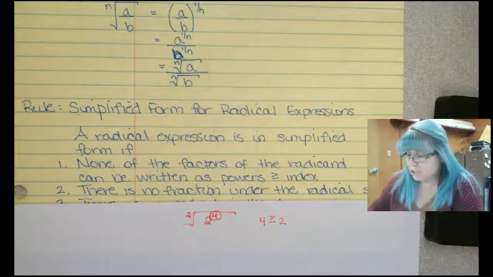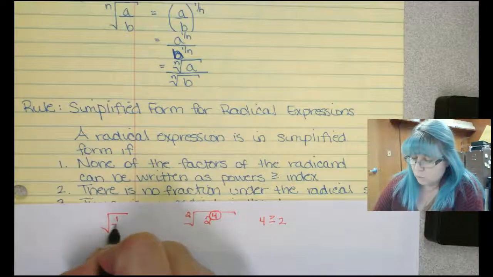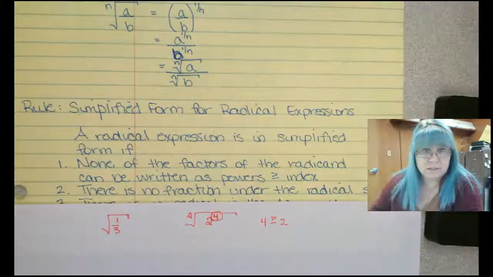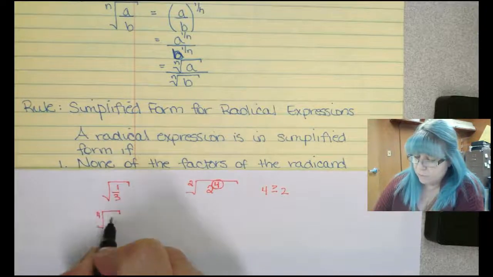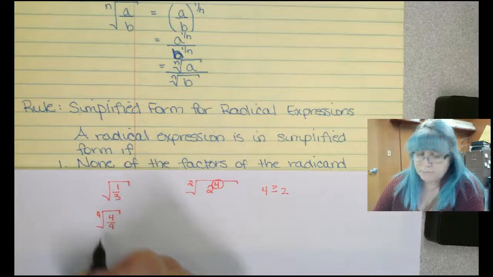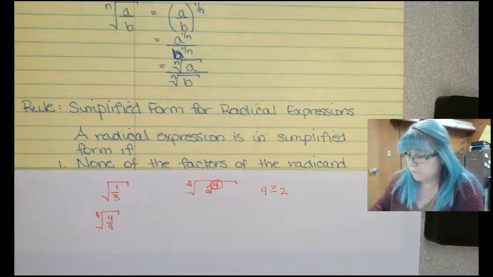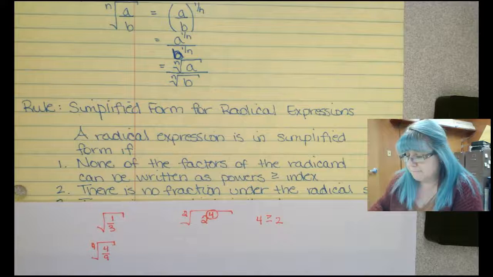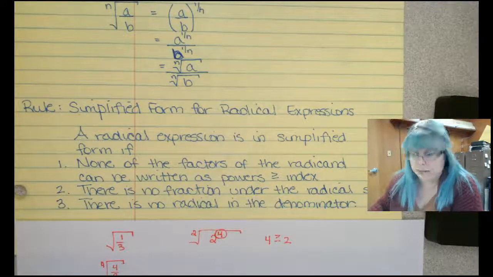There are no fractions under the radical sign, so we don't want anything that looks like 1/3 or the 4th root of 4 over 9. Nothing like that, no fractions underneath the radical sign. The third rule is there's no radical in the denominator.